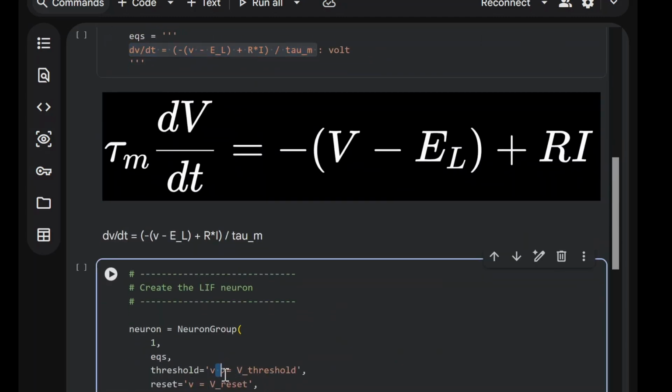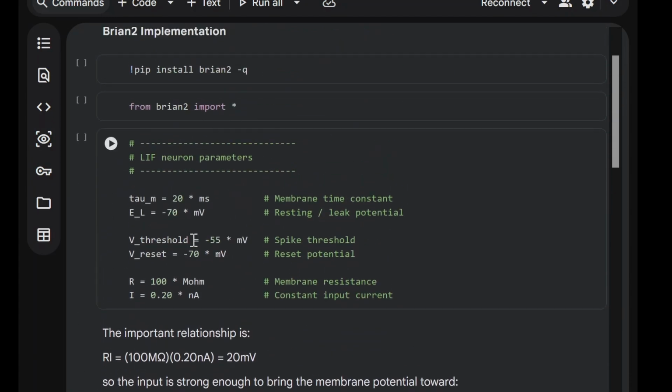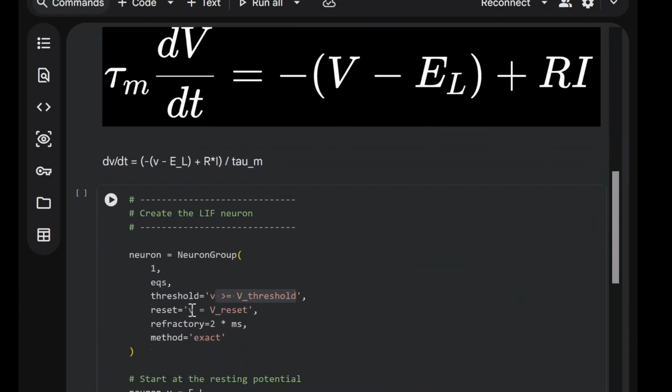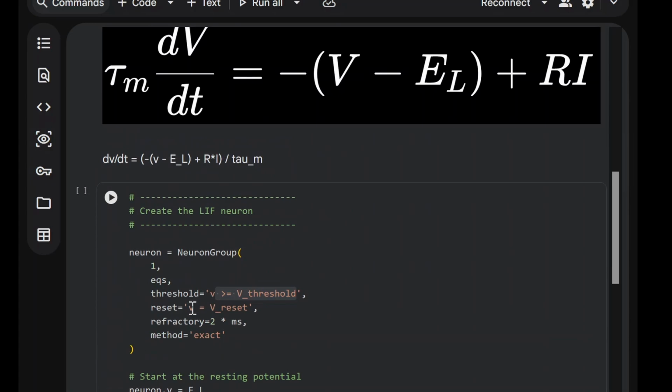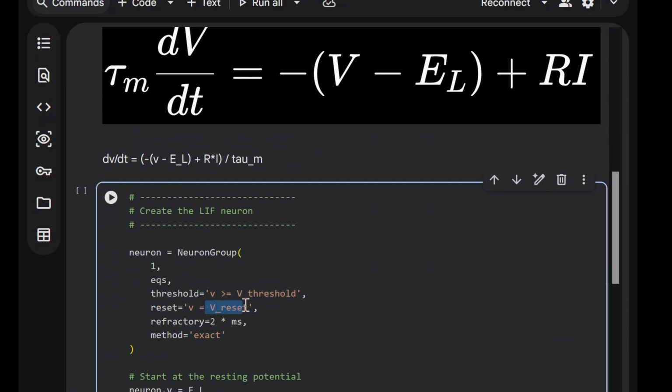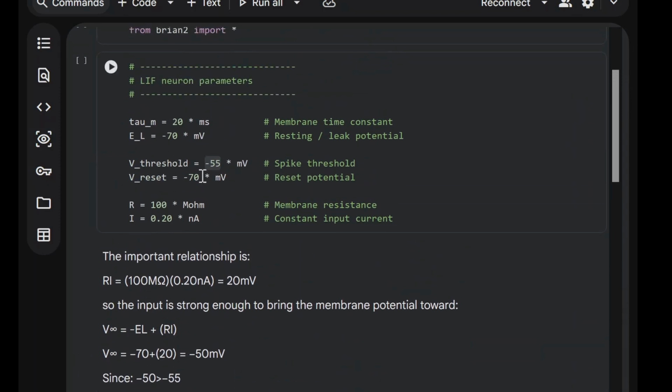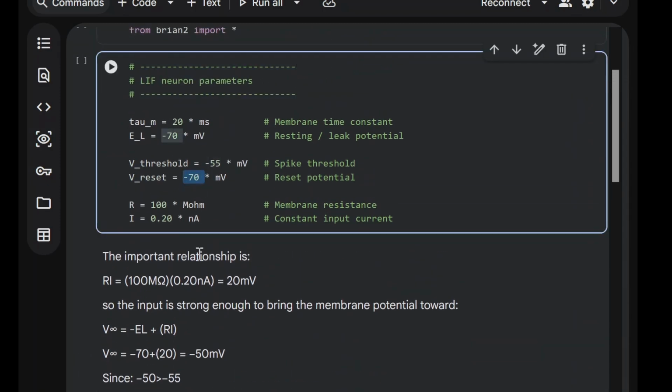What are the requirements for threshold? So if our membrane potential crosses this particular value, which we have set at minus 55 millivolts, that is when our threshold is crossed, right? And then what happens after crossing the threshold, our membrane potential is set to V reset, which is minus 70 millivolts.